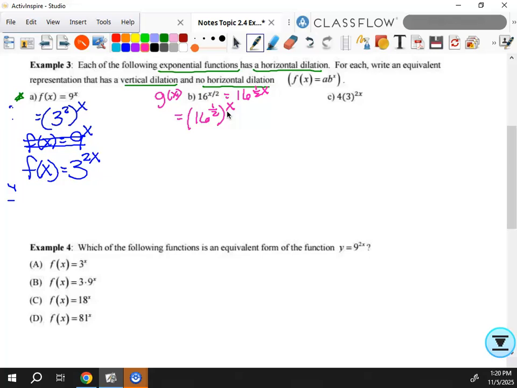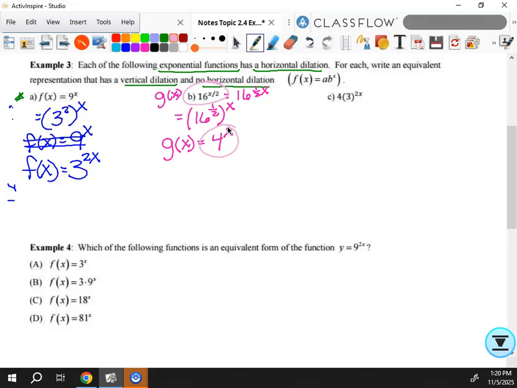What is 16 to the 1/2 power? 4, because that is the square root. So this would be 4 to the x power. So right now, what we did is we took this that had a horizontal dilation, and we ended up with this that gave us a different base, which is what the instructions said.